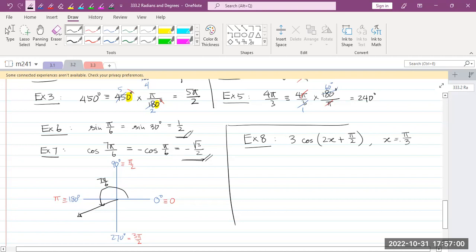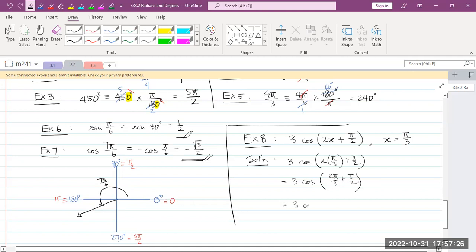Let's do this function. So I plug in numbers. 3 cosine of 2 times pi over 3 plus pi over 2. That is 3 cosine of 2 pi over 3 plus pi over 2.